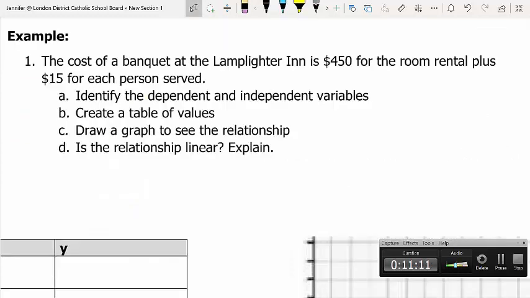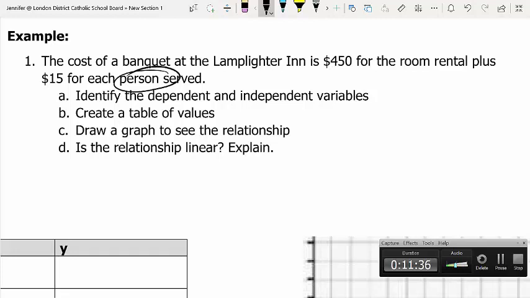For example, the cost of a banquet at Lamplighter Inn is $450 for the room plus $15 for each person served. So what is the dependent and independent variable here? Ask yourself, there are two unknowns. The first is the number of people attending.